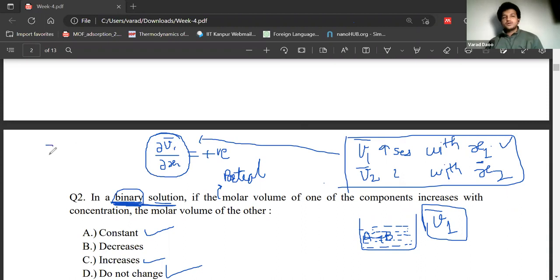So if somehow you are able to find whether dV2 bar by dou x2 is positive or negative, you will be able to find it. So this is a hint. I'll give you a couple of minutes to check. If anybody has any doubts or questions, they can ask now, and others who have understood the question can solve it.